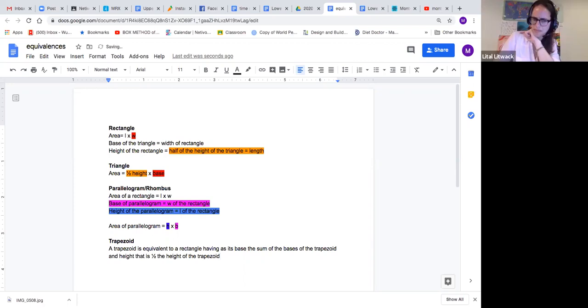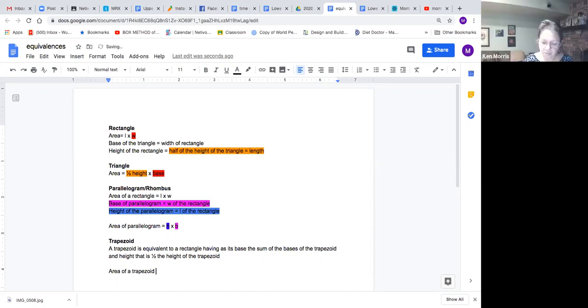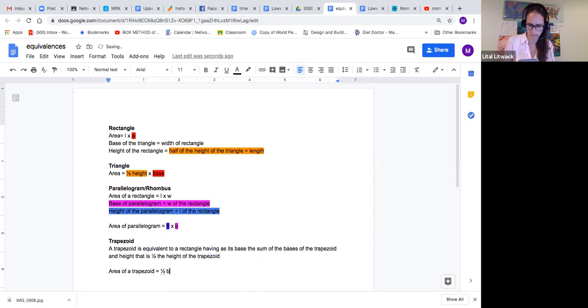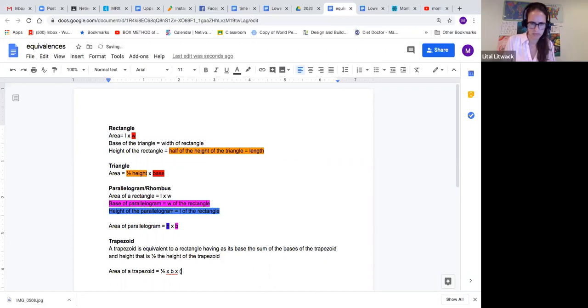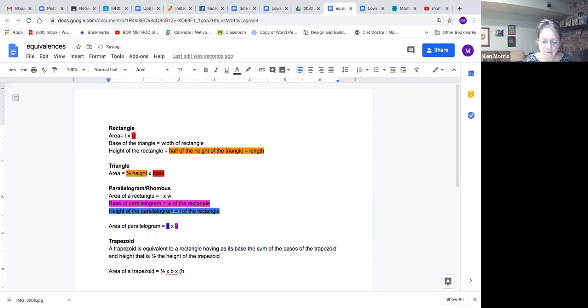Okay, so if I remember correctly, the area of a trapezoid equals 1/2 times the base times the sum of the heights divided by 2, H1 plus H2.